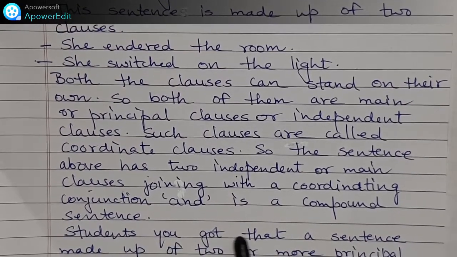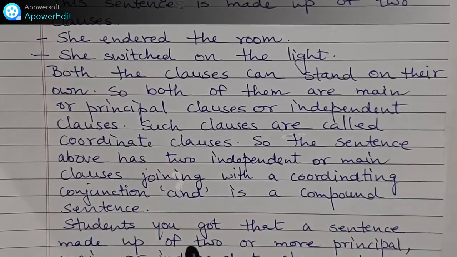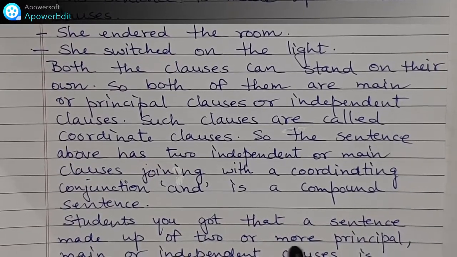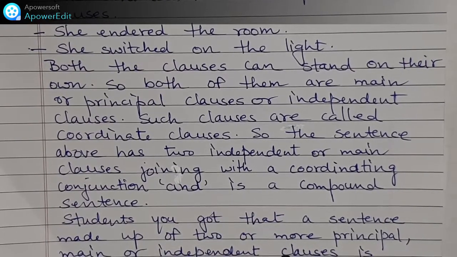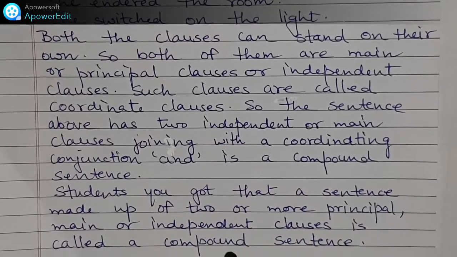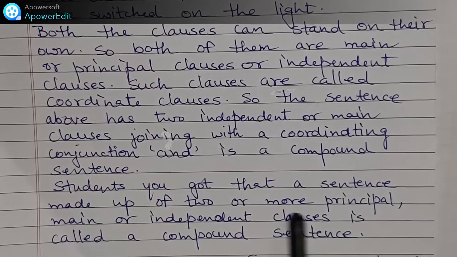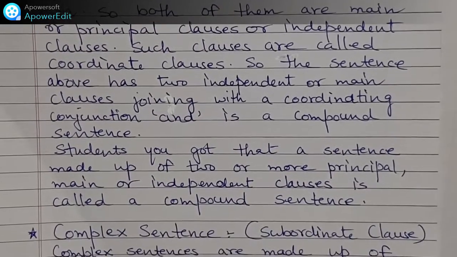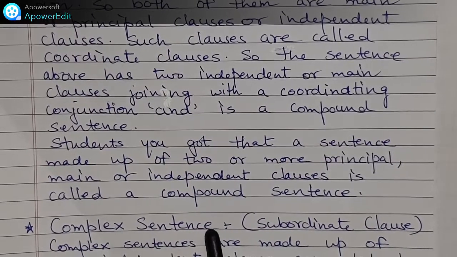Students, you got that a sentence made up of two or more principal or main or independent clauses is called a compound sentence. Now, students, number 3, we will study about complex sentences.